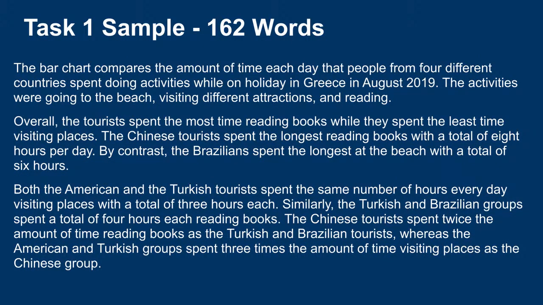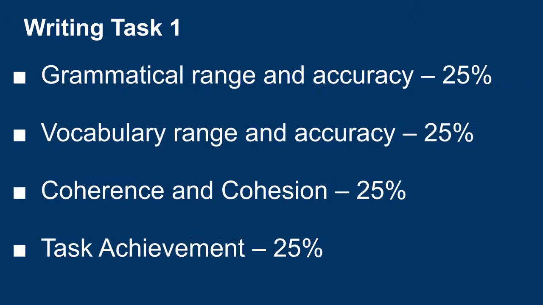I'm looking at sentences like the Chinese tourists spent twice the amount of time reading books as the Turkish and Brazilian students, whereas the American and Turkish groups spent 3 times the amount of time visiting places as the Chinese group. That last sentence is a pretty sophisticated English sentence. It's long. It's pretty good. Vocabulary range, accuracy.